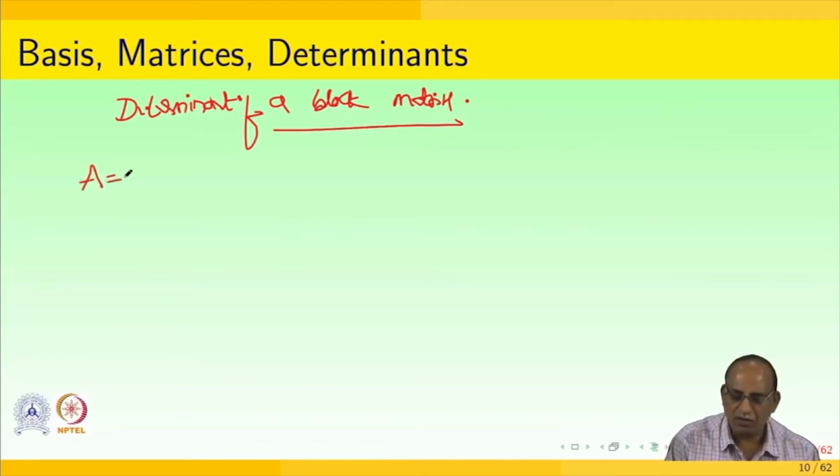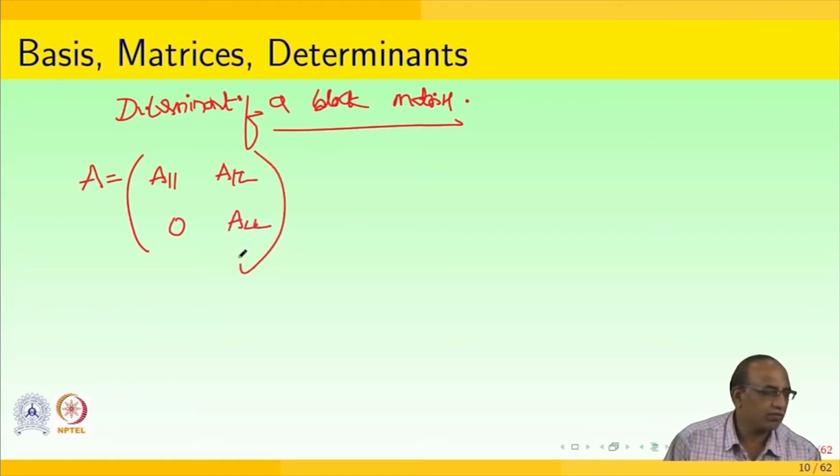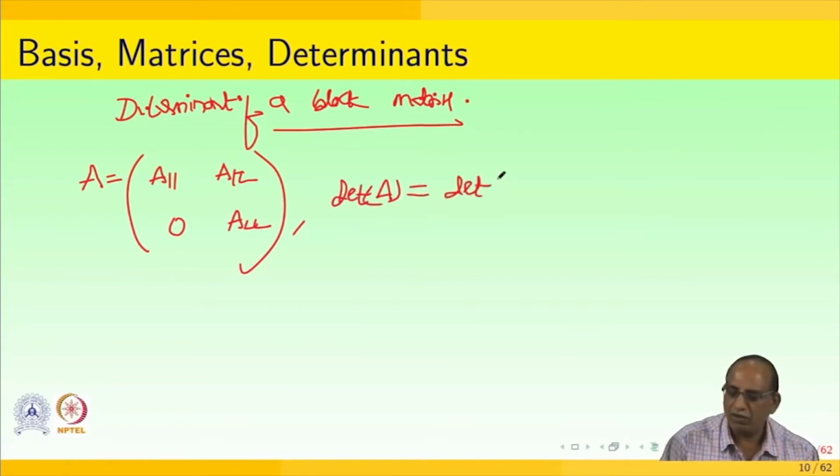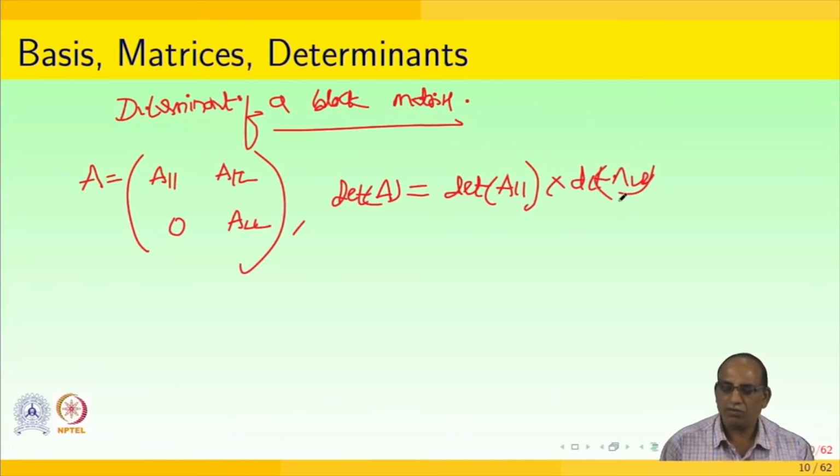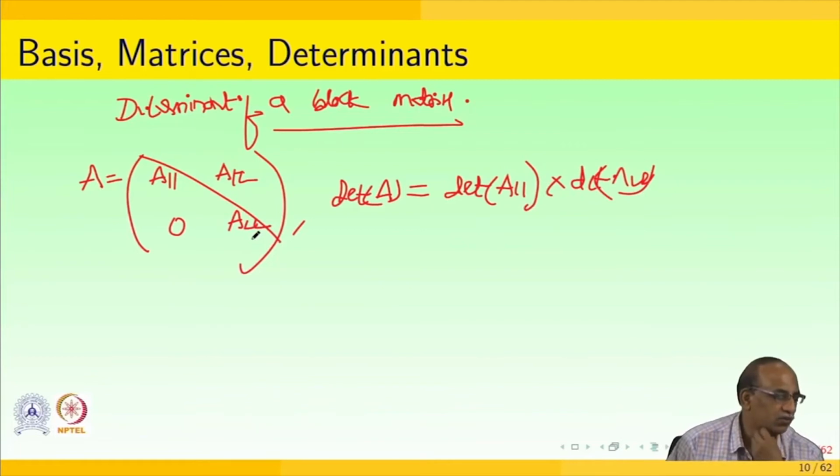Let A be equal to A11, A12, 0, A22. Then the determinant of A is equal to the determinant of A11 times the determinant of A22. That means the product of these two leading diagonal blocks, which we call the determinant of the matrix.